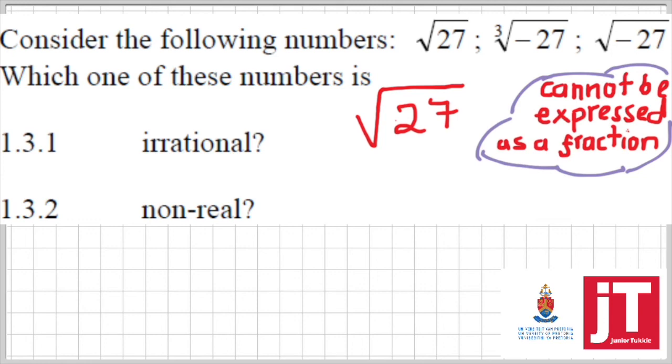One might say, what about cube root of negative 27? No, cube root of 27 is actually a real number. How is that so? Because the answer is negative 3. But for square root of negative 27, the answer will be undefined. It's non-existent. So the final answer there is just square root of negative 27.